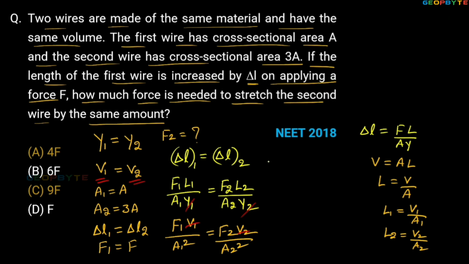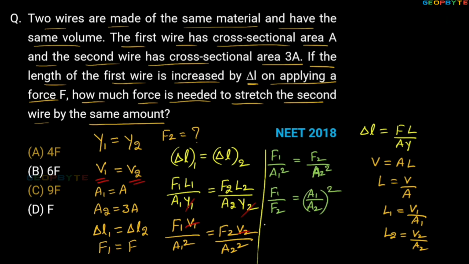Finally it can be written as F1 by A1 square equals F2 by A2 square, or F1 by F2 equals A1 by A2 whole square.